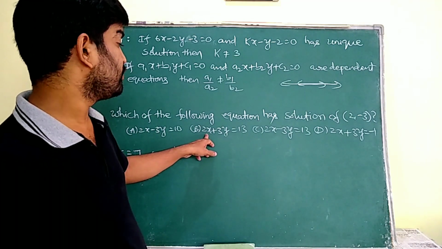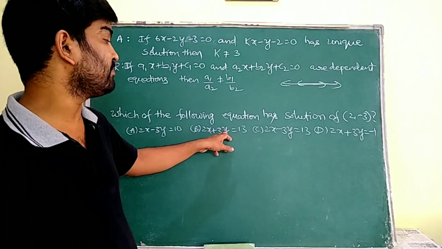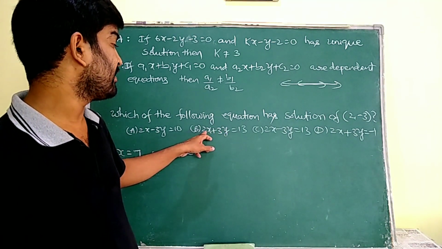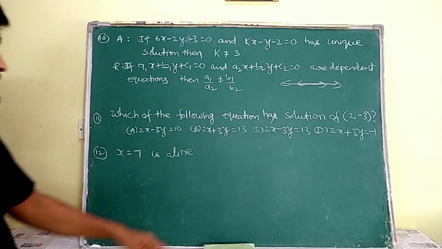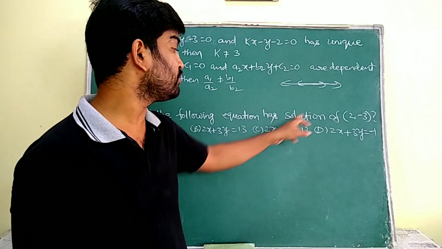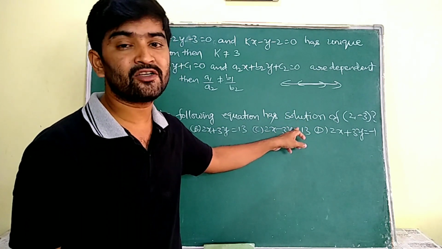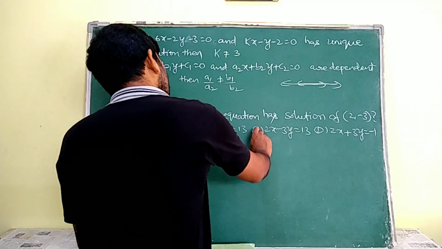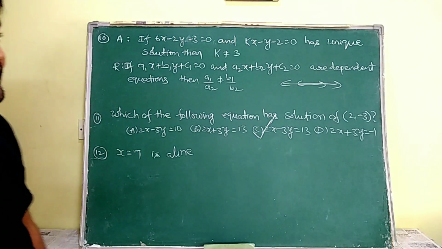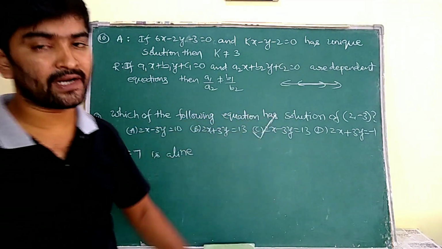Here, 2 into 2 is 4, 3 into minus 3 is minus 9. Now 4 minus 9 is not 13. See here, 2 into 2 is 4 minus 3 into minus 3, which is 9. 4 plus 9 is 13. So 13 is equal to 13. This equation is satisfied by the given point (2, -3).